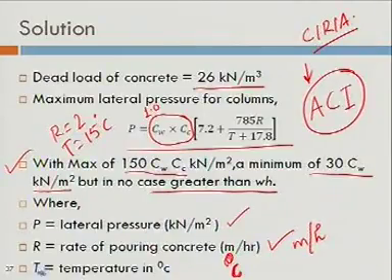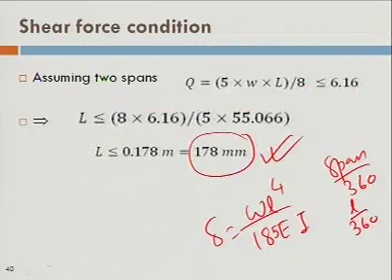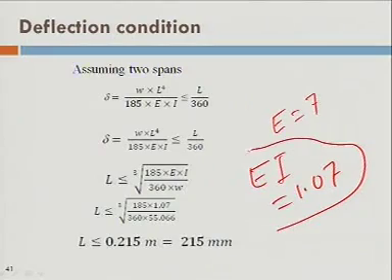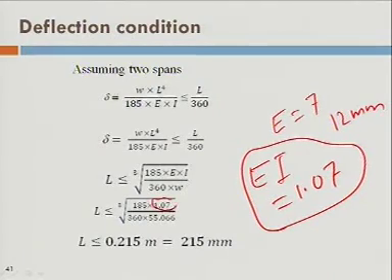I had given you in some previous lecture. Can you just find it out? This EI value is 1.07 for 12 mm plywood, 1.07 kilonewton. You can convert it in appropriate unit.